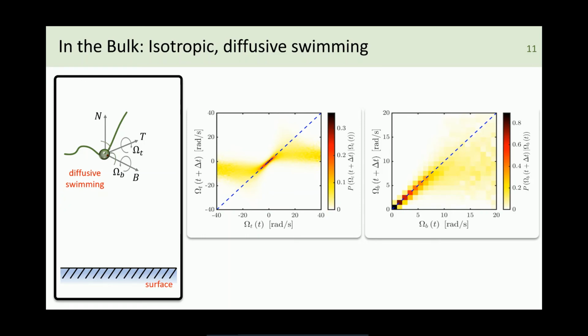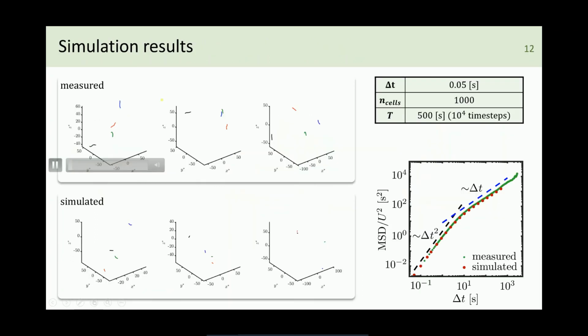We take that into account by using all of the trajectories that we have for cells which are swimming away from the wall. And we represent the change in swimming direction by measuring the rotation rates here, omega b and omega t, and establishing their recurrence probabilities. Once we have done that, we are ready to compute our trajectories numerically by sampling the experimental distribution.